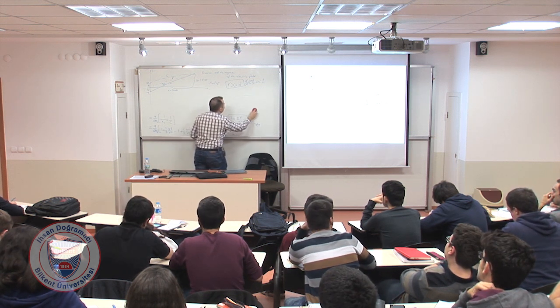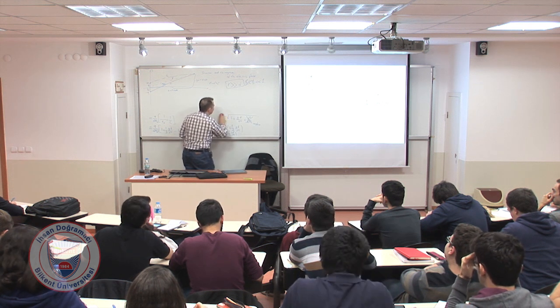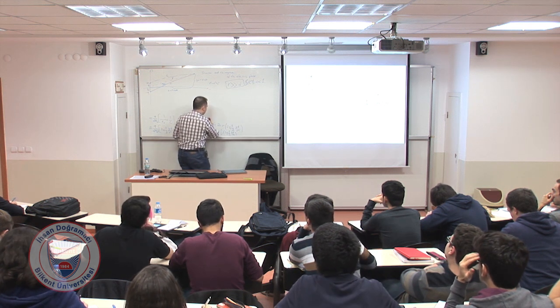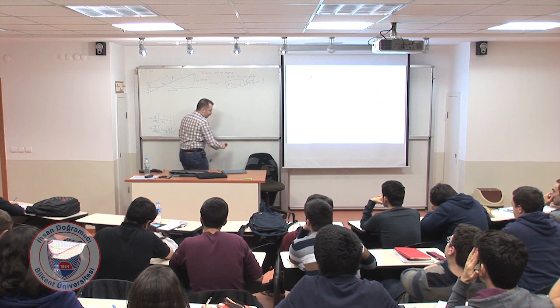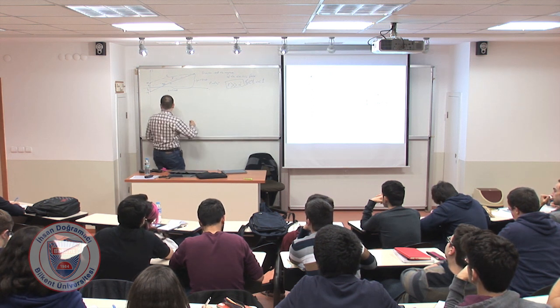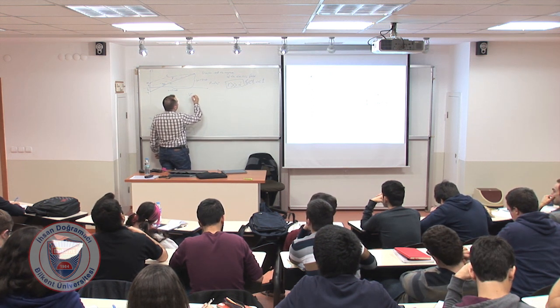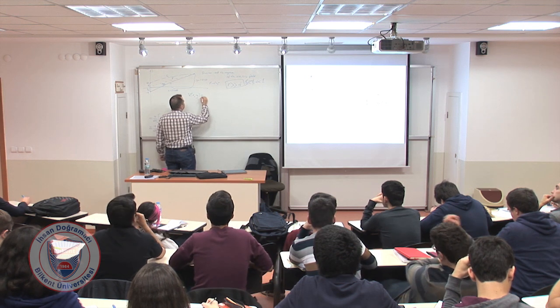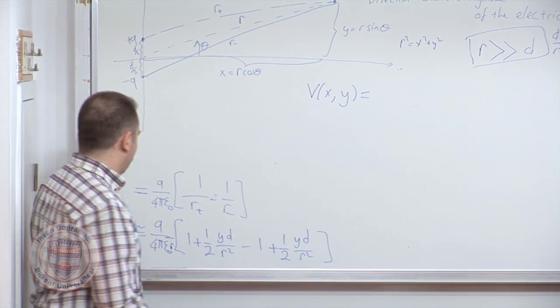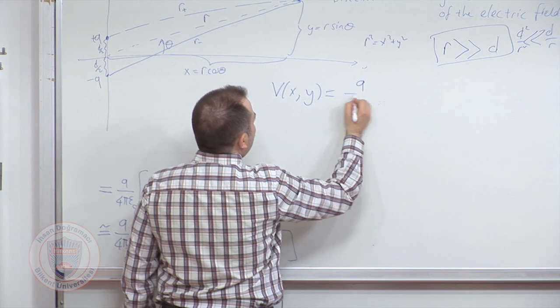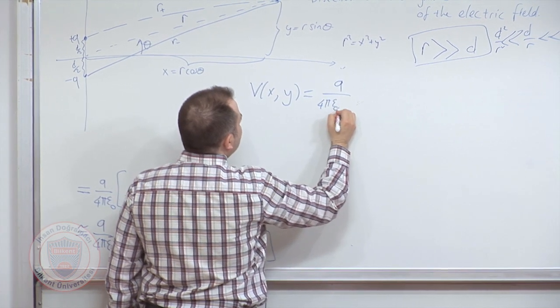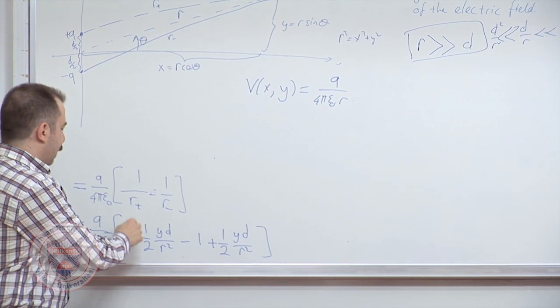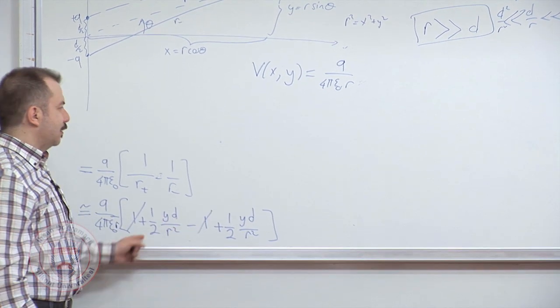And if I fix my computer, I will actually try to put these into lecture notes, so don't panic. Now I have a nice formula for v of x, y. It's going to be q over 4 pi epsilon 0 r. The first terms cancel.